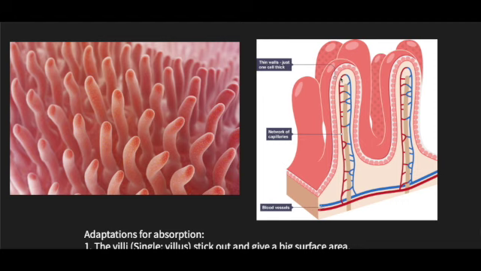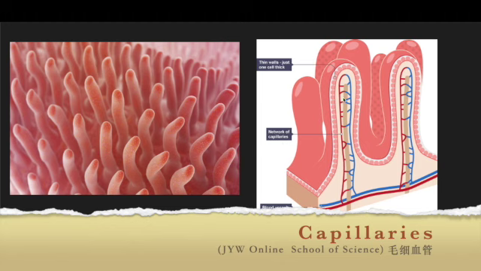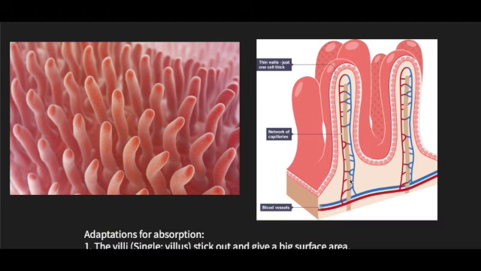So the wall is thin so that the digested food can enter into the blood vessel here very easily. And also it has a very, very rich blood supply. So it's a network of capillaries in here. That all helps the food to be absorbed into the blood vessel.